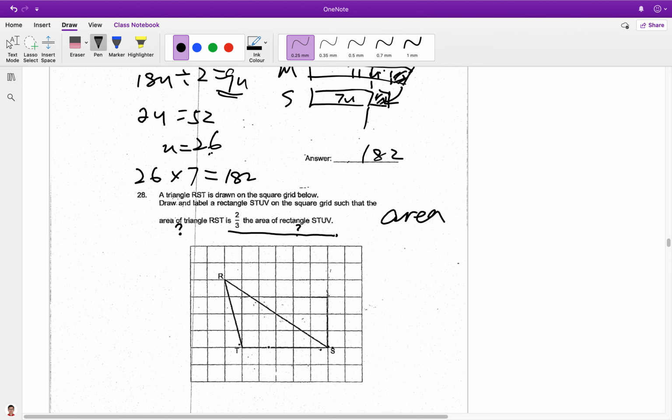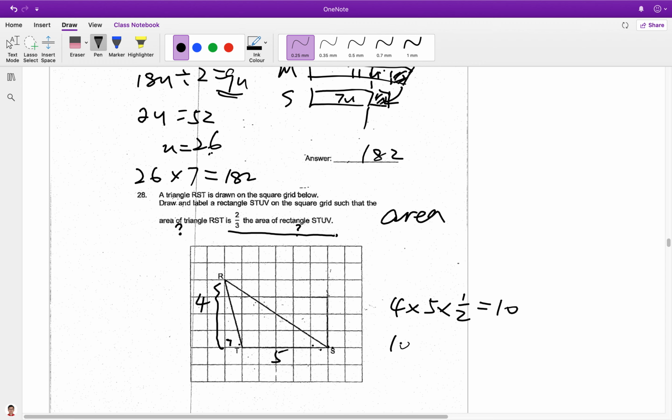So for the triangle, the base is 1, 2, 3, 4, 5. The height is this one perpendicular to the baseline, right? It's 1, 2, 3, 4, 4. So the area is 4 times 5 times half equals 10, right?